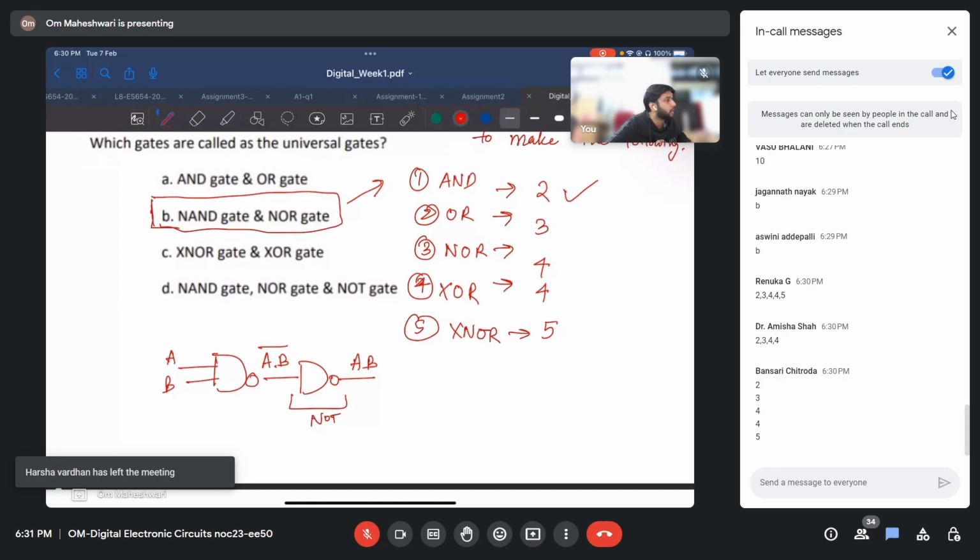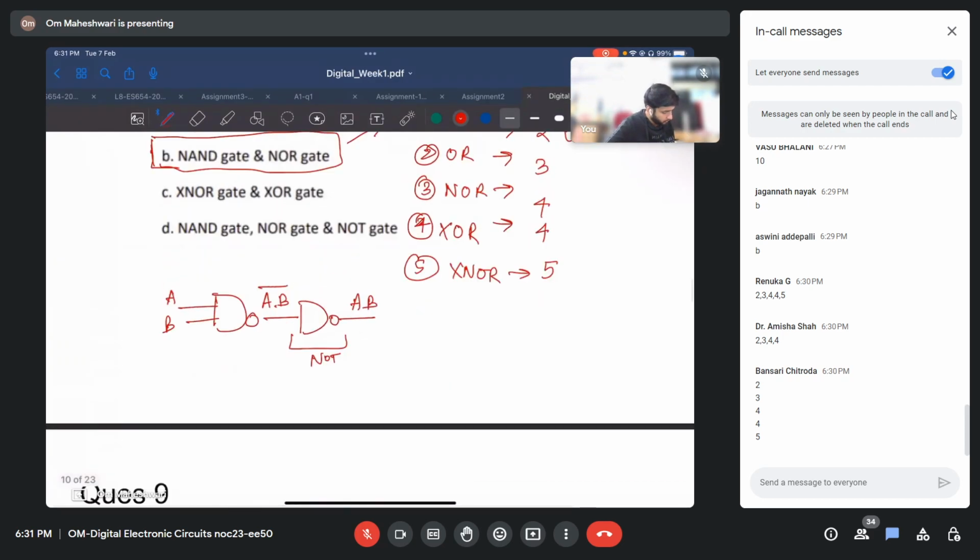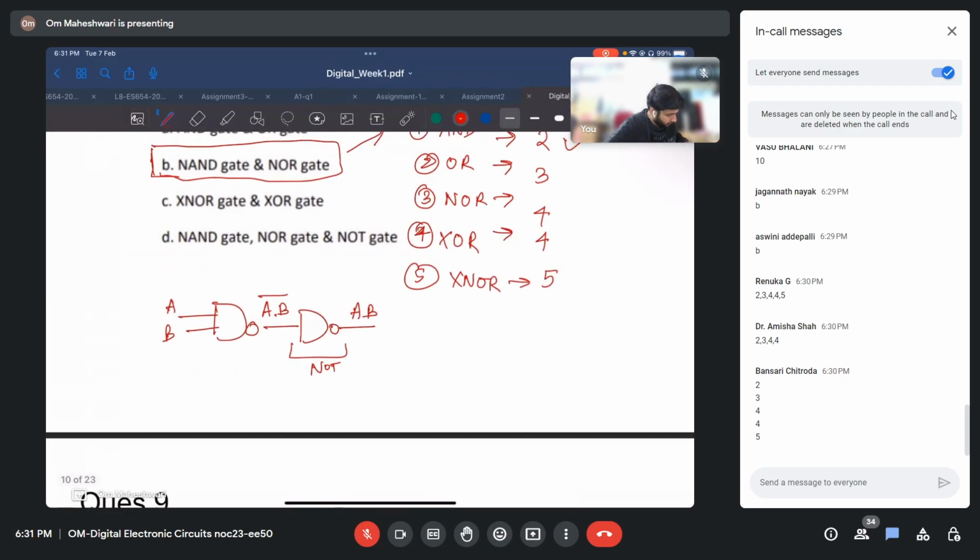For the OR gate, we can achieve it as A bar, B bar, A bar dot B bar whole bar, that is A plus B. This is the OR gate, and this is the AND gate.